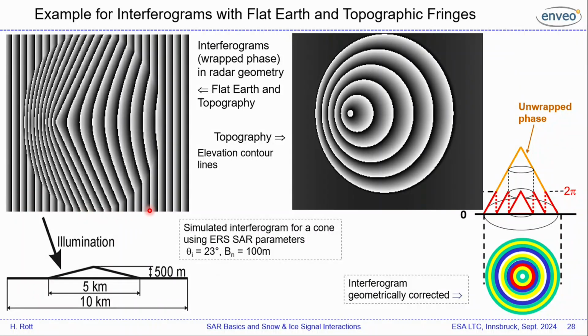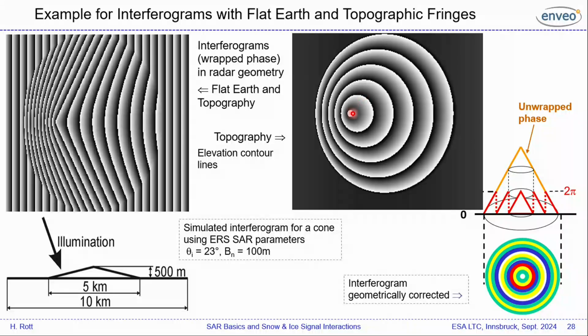You have here the interferograms on the flat Earth, and then they change once you get to the slope. Now, if you remove the flat Earth, which can be done if you have the model of the flat Earth and the precise orbit data, then it looks like this.